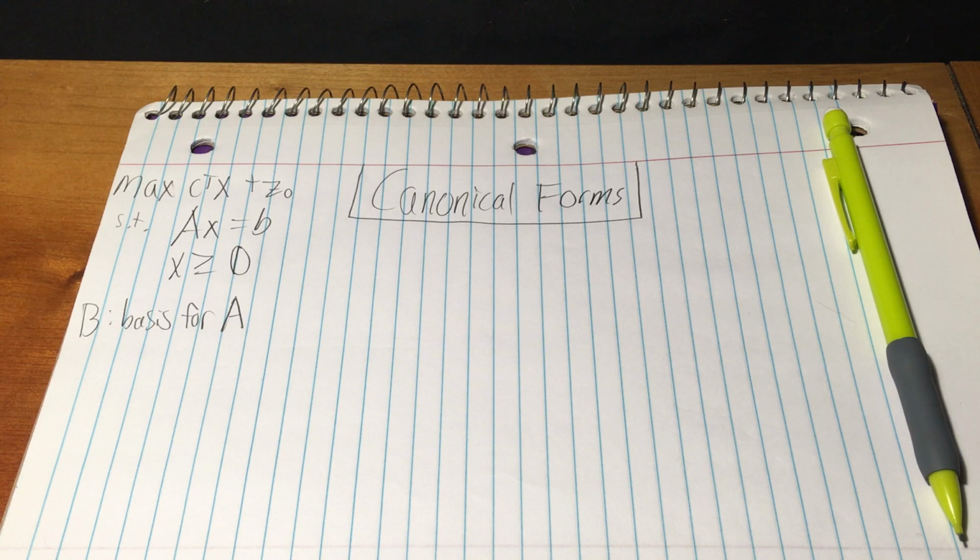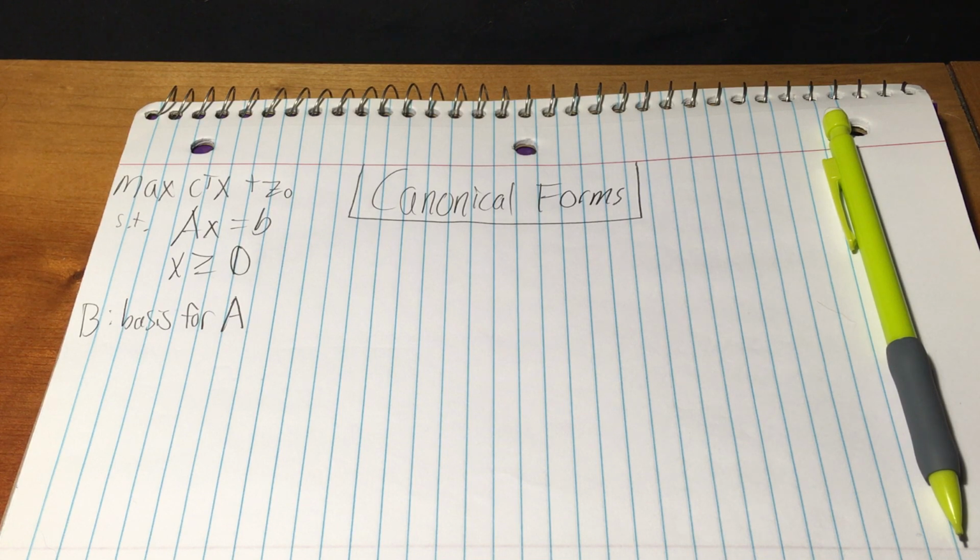The purpose of putting a linear program in canonical form is that it's going to make it particularly easy to find what the basic solution is for a given basis, and in addition, it'll make it particularly easy to find even better solutions to our linear program. So we'll be able to immediately find a basic solution, and then we'll find even better solutions thanks to the convenient format of the canonical form of the linear program.